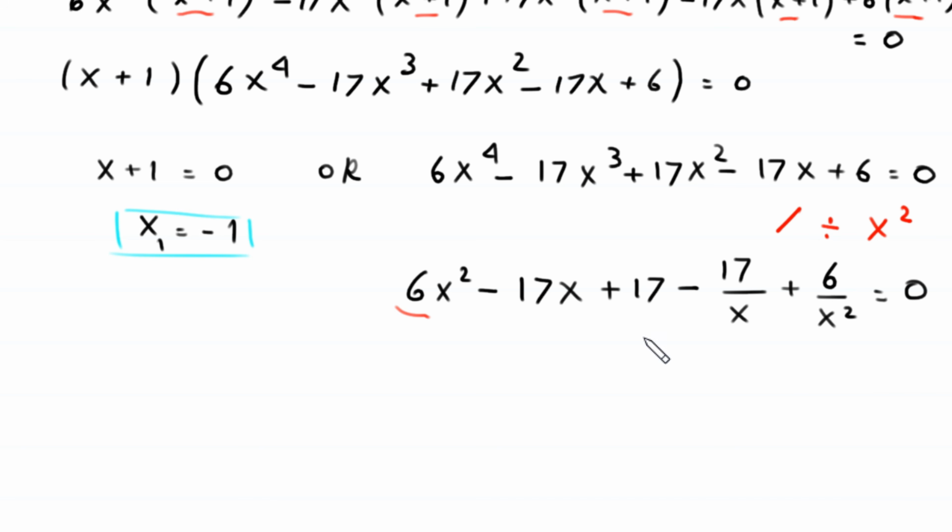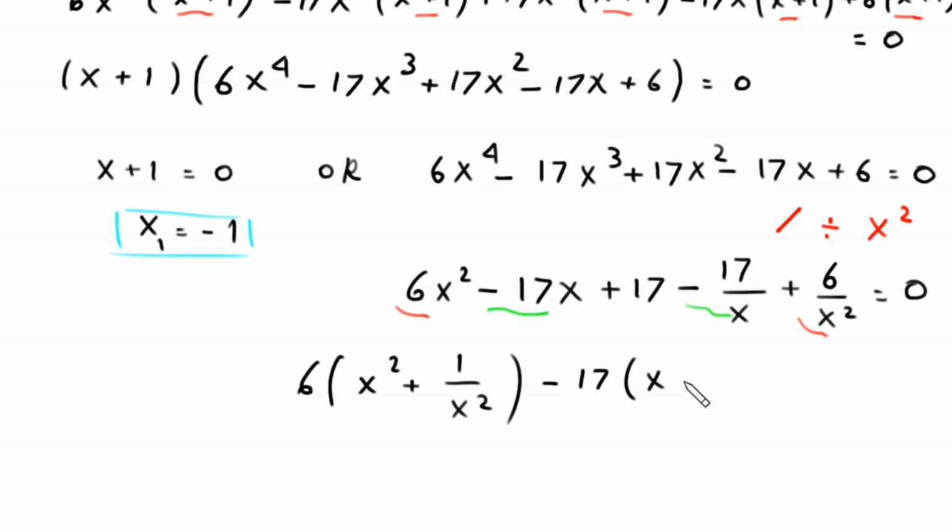From these two terms we can factor out 6 as common factor, in bracket x squared plus 1 over x squared. And from these two terms, negative 17x and negative 17 over x, we can factor out negative 17, in bracket x plus 1 over x, and in the last we write this plus 17 equal to 0.